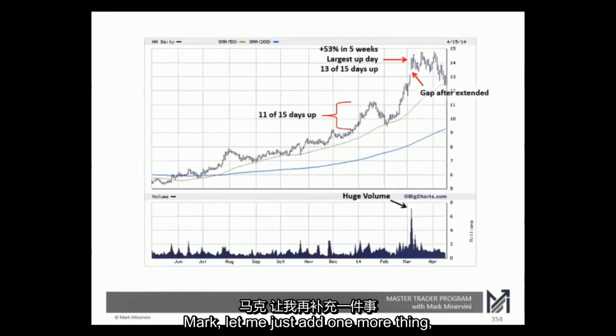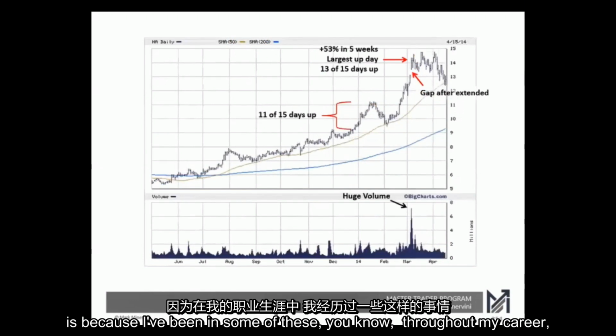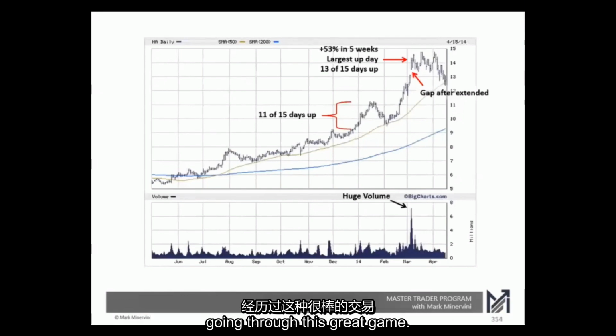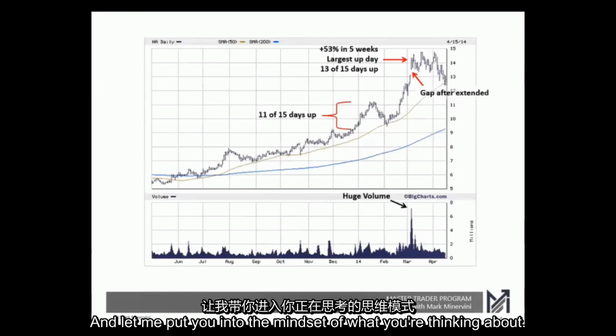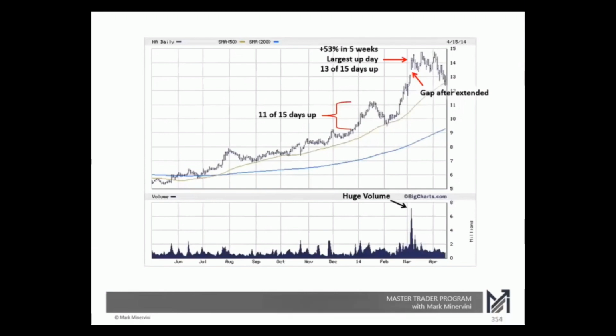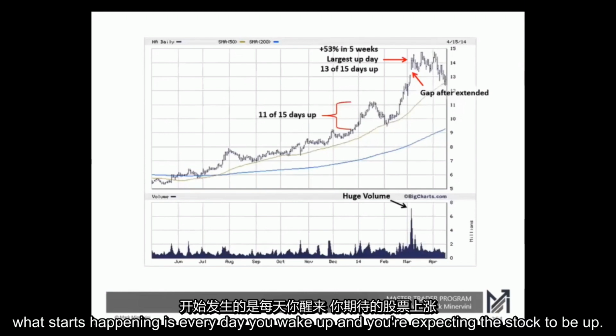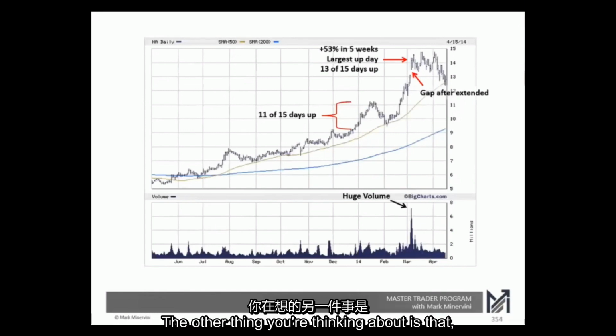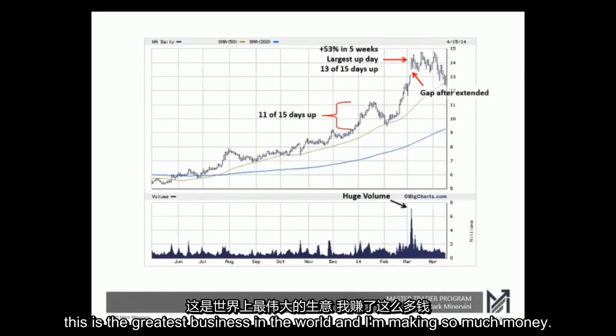Let me just add one more thing. I've been in some of these throughout my career, going through this great gain, and let me put you into the mindset of what you're thinking about. If you're in one of these things that is going through a climactic run, every day you wake up and you're expecting the stock to be up. The other thing you're thinking about is that this is the greatest business in the world and I'm making so much money.